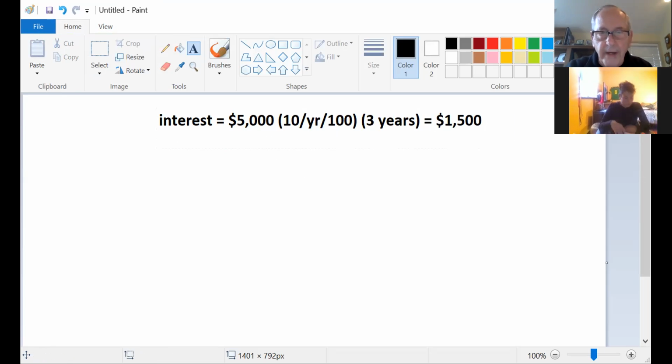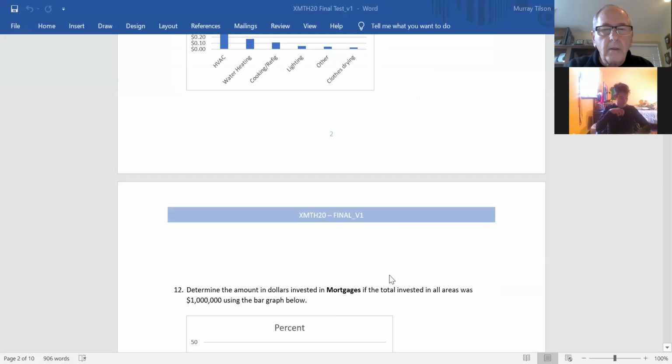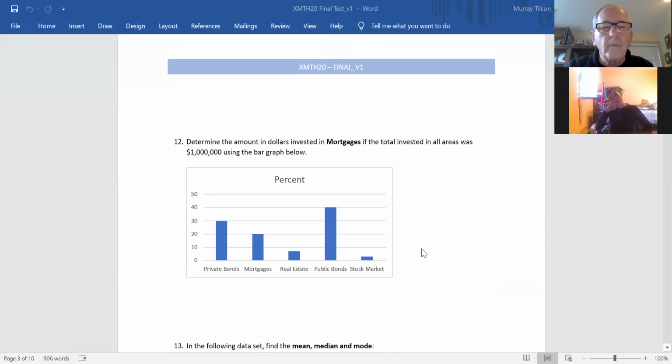There'll be one on the graph like this. Let me stop sharing that and go to the next page. Back to my page here. Again, we're just interpreting graphs, getting data off of graphs. Determine the amount of dollars invested in mortgages if the total investment was $1 million.